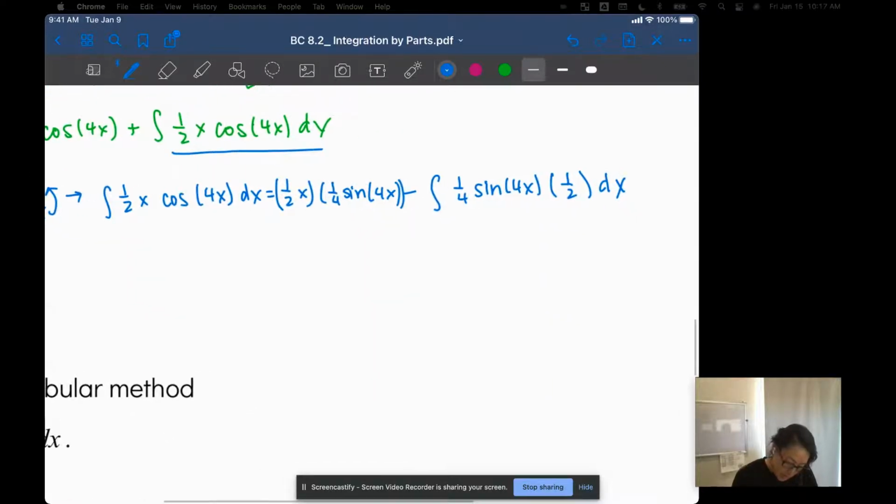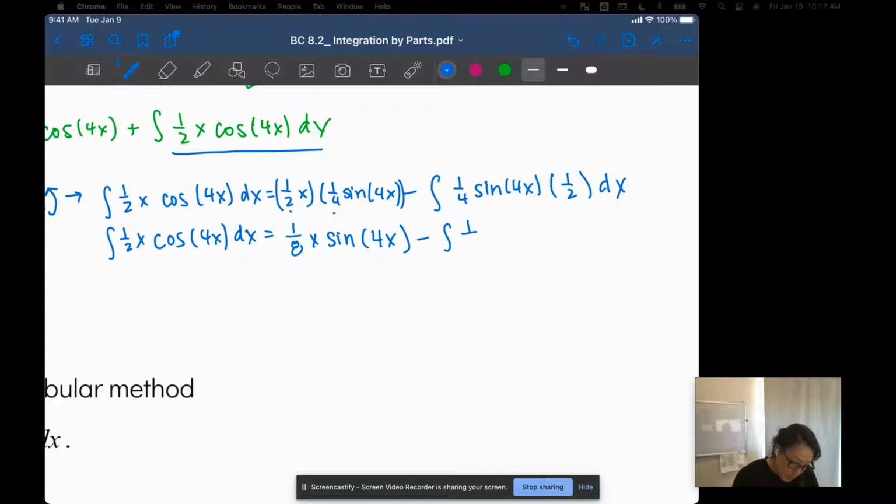So I think I can go ahead and simplify that. The integral of 1/2 x cosine of 4x dx is equal to 1/2 times 1/4 gives me 1/8 x sine of 4x, minus the integral of 1/8 sine of 4x dx.